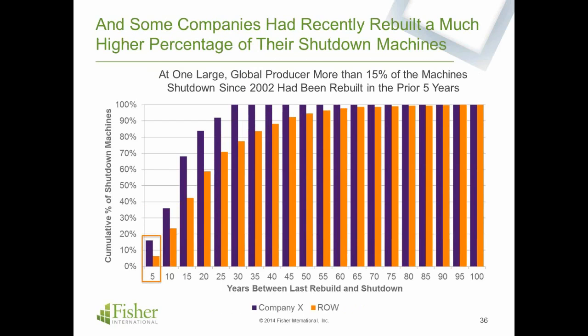What I did here was I just pulled out one large global producer and plotted them against the rest of the world. And what we see here is that at this particular company, more than 15% of the machines that they shut down since 2002 had been rebuilt in the prior 5 years. Now, there could be and likely are a number of reasons why that would occur. Part of that could come from consolidations.